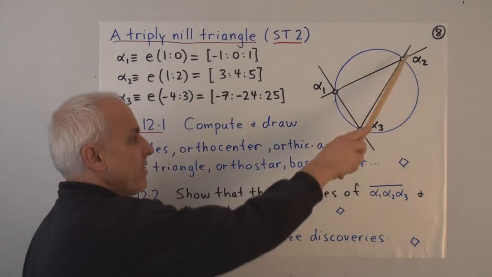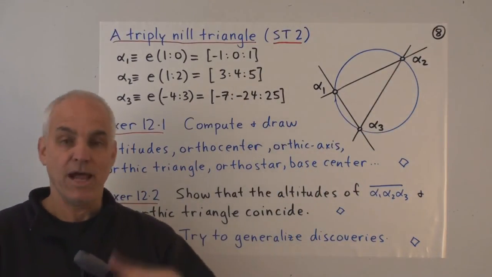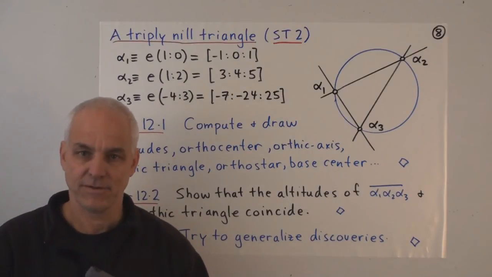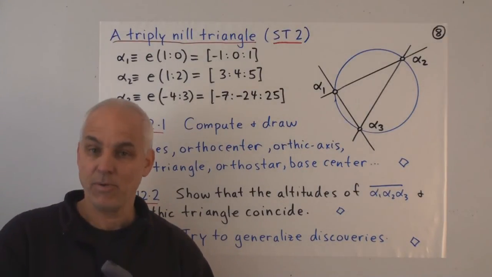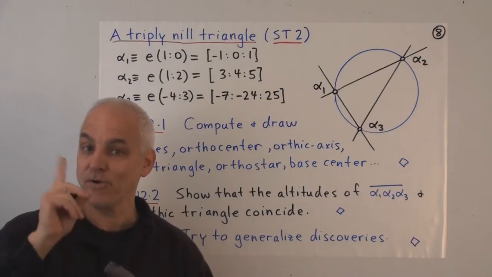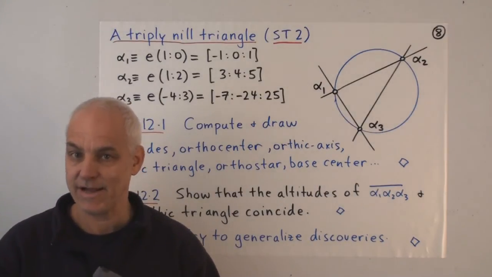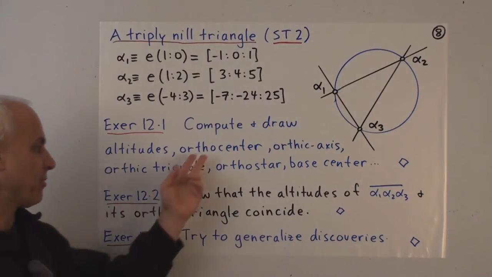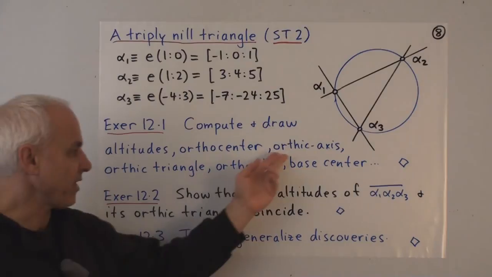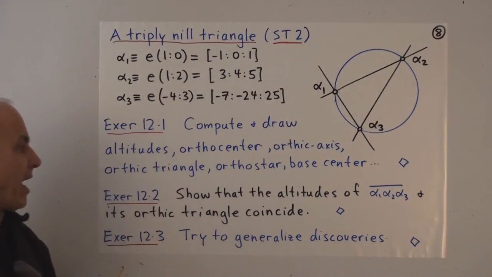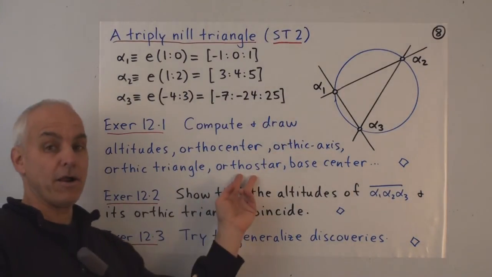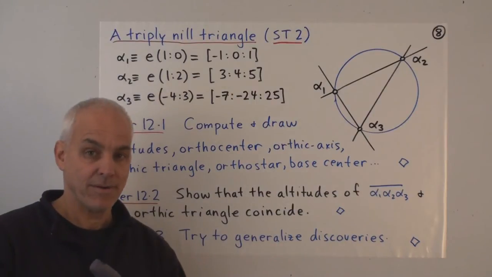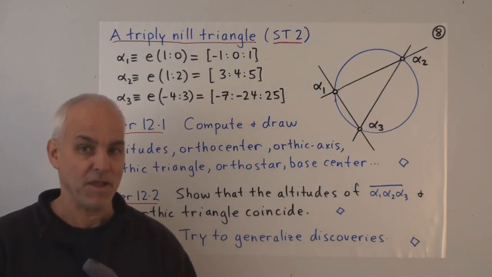Okay, so with this as our starting triangle, we would like to compute lots of things. Well, we'd like to compute pretty well all the things that we computed for our first standard triangle in our last lecture. So we want to compute altitudes, and we want to draw them. We want to compute the orthocenter, the orthic axis, the orthic triangle, the orthostar, the base center, and anything else that you can think of.